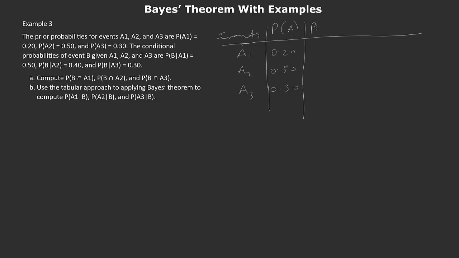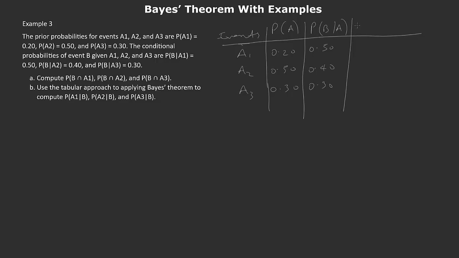Then we have the conditional probabilities, or the likelihood of evidence B given the event or the hypothesis. In this case, they are as follows: 0.50, 0.40, and 0.30.